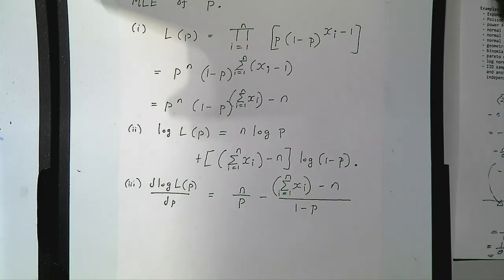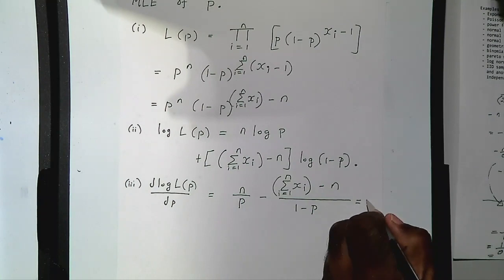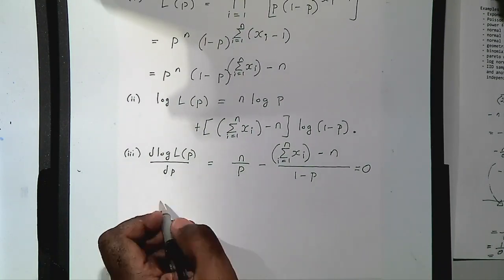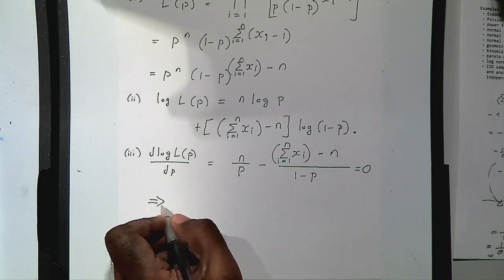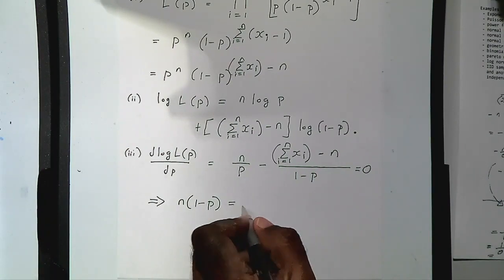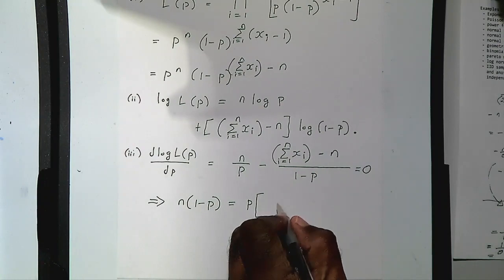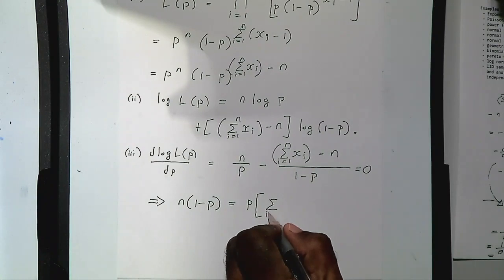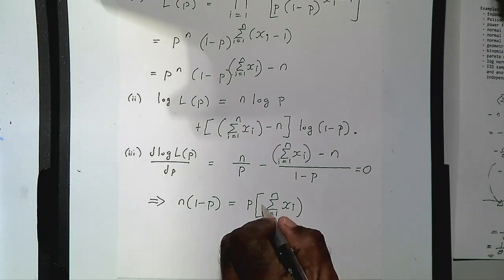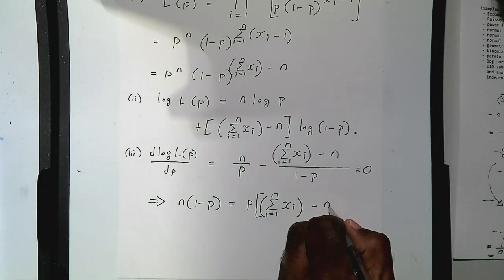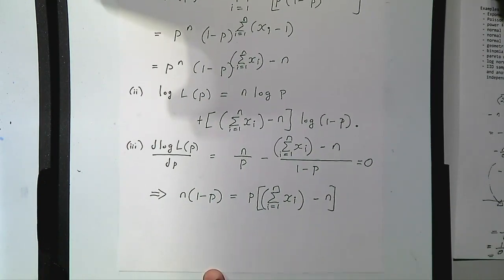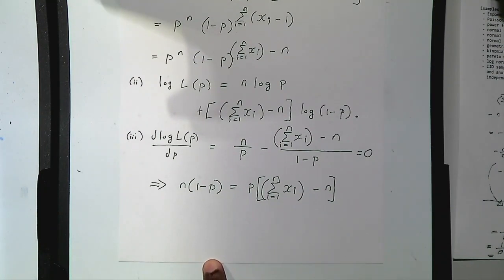Right? And you set this to 0, okay, and solve for p. So if you do that, you get... okay, and if you solve this equation for p, you get the following.